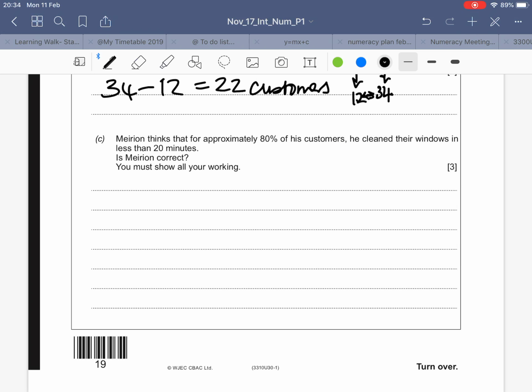Myrion thinks that for approximately 80% of his customers, he's cleaned his windows in less than 20 minutes. Now Myrion's got 120 customers, so 80% of 120 would be 8 lots of 12, 96 customers. So let's have a look at the graph to see if for 96 of his customers he's in less than 20 minutes.